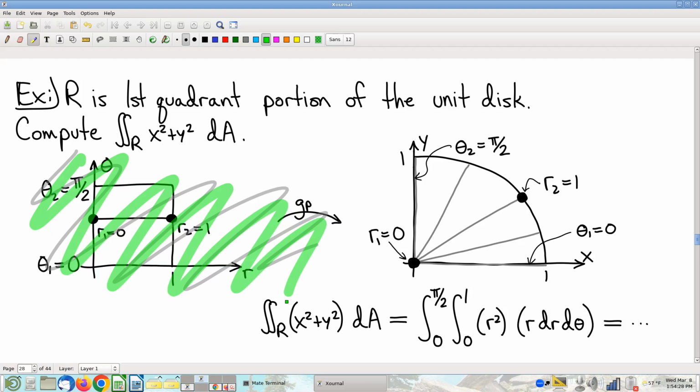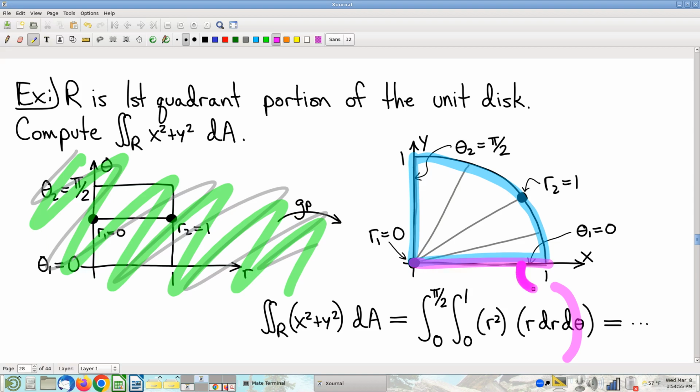I'm just going to say, okay, well, here's my domain, and if I want to know the range of values of theta, which technically is happening over here, I don't have to look at it over here. I can see the theta slices, and thus the range of values of theta, over here. Here's what my theta slices look like.